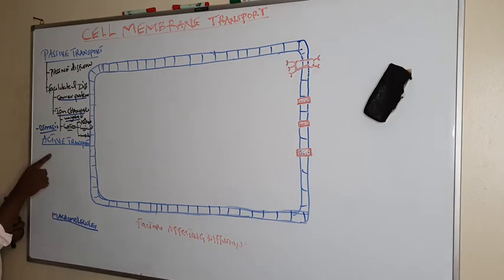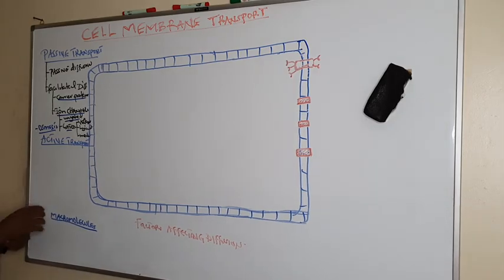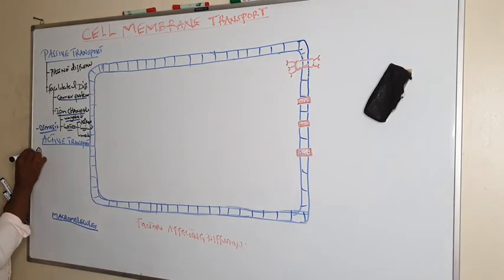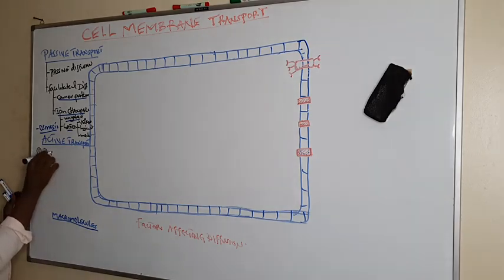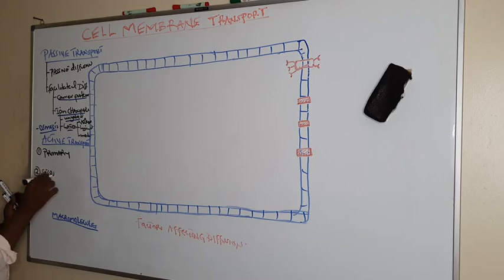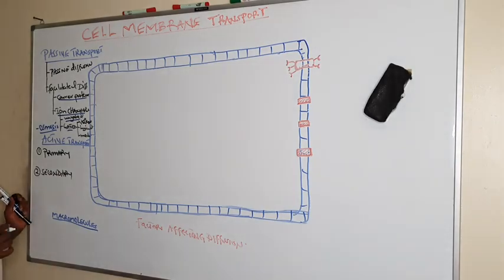Then active transport is categorized into two: primary active transport and secondary active transport.